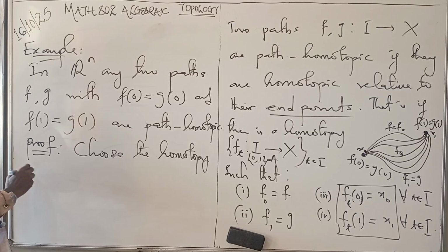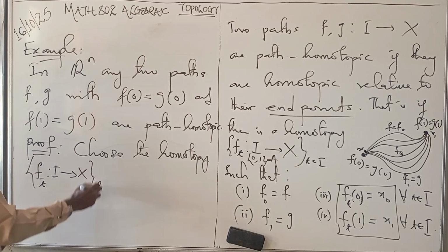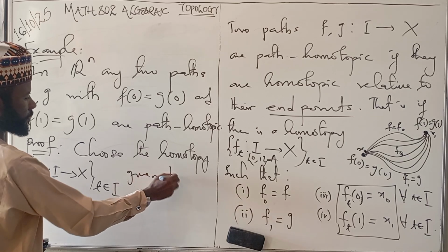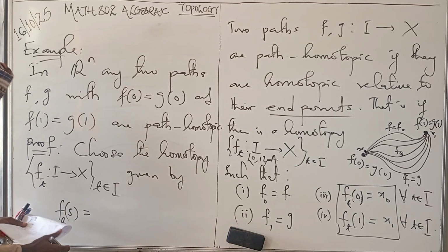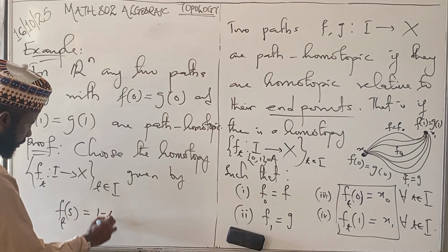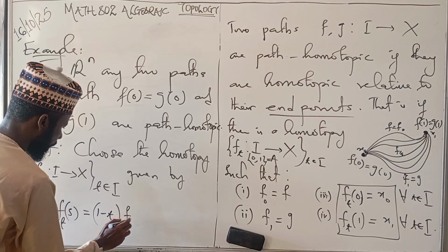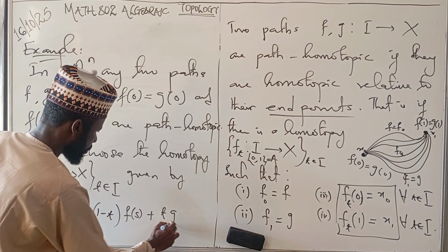So choose this homotopy, Ft, given by Ft of s is equal to (1 minus t) times F of s plus t times G of s.